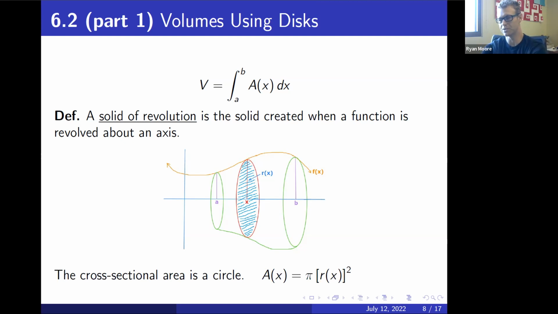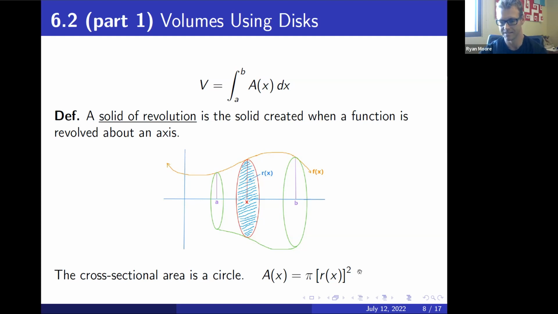Obviously, we're going to use R of x, so pi R of x squared. R of x will be a function of x that we'll have to find; it'll be part of the examples that we do. Hey, this is really great. For a solid of revolution, just by the nature of it revolving, the cross-sectional area is always a circle. So we can always use pi R of x squared.